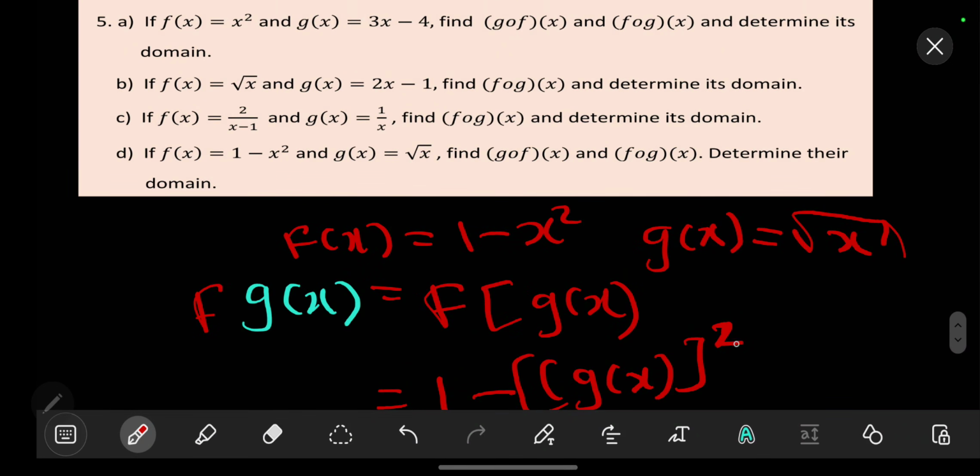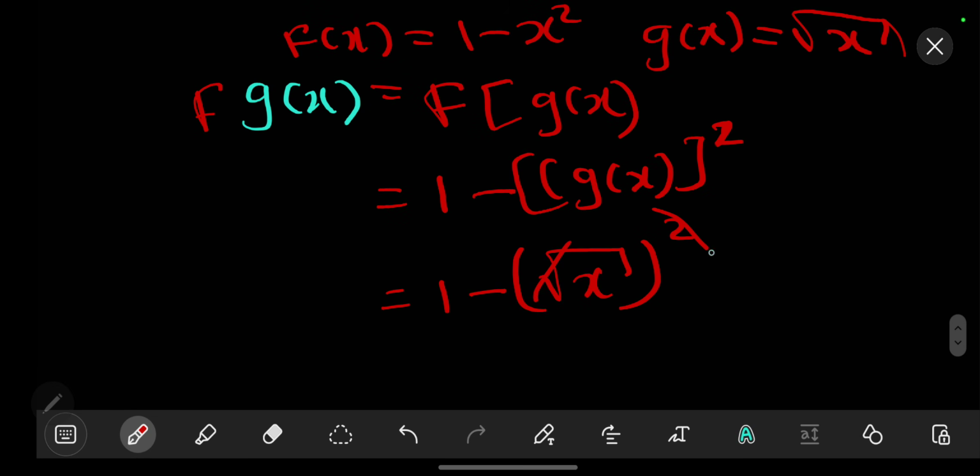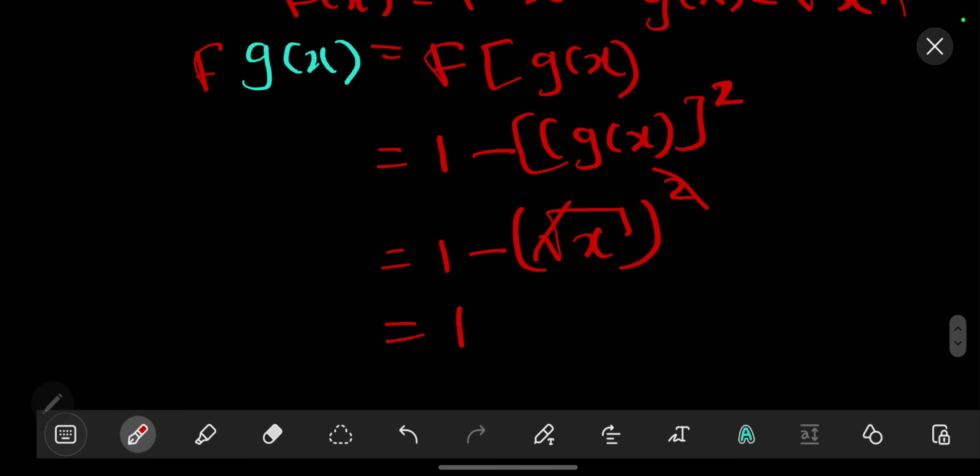So you are going to square this. So we are going to have 1 minus our g of x, which is equal to the square root of x, then to the power of 2, like that. So this one and this one cancel. So we are going to have 1 minus x. So it will be f of g of x, which is equal to 1 minus x, like that.